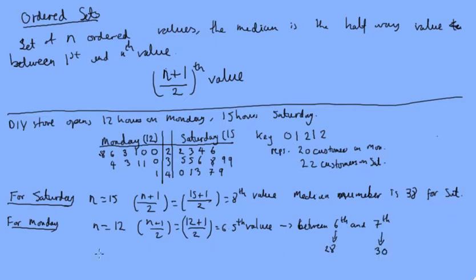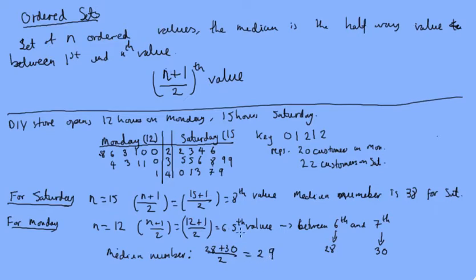So to find the halfway between these two, the median number, we'll take the 28, add it to the 30, and then divide by 2. And that gives us 29.